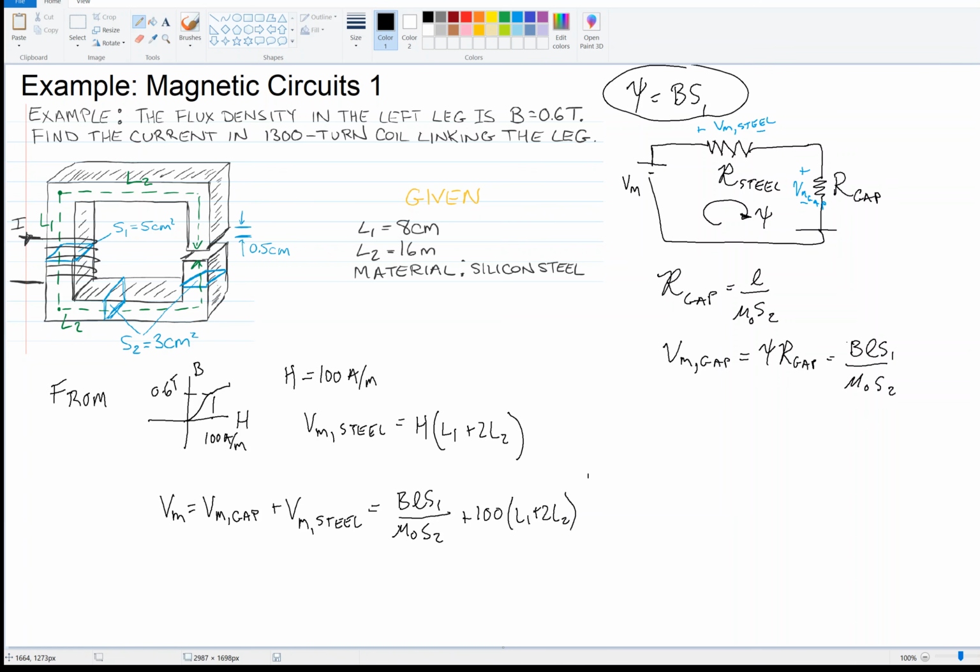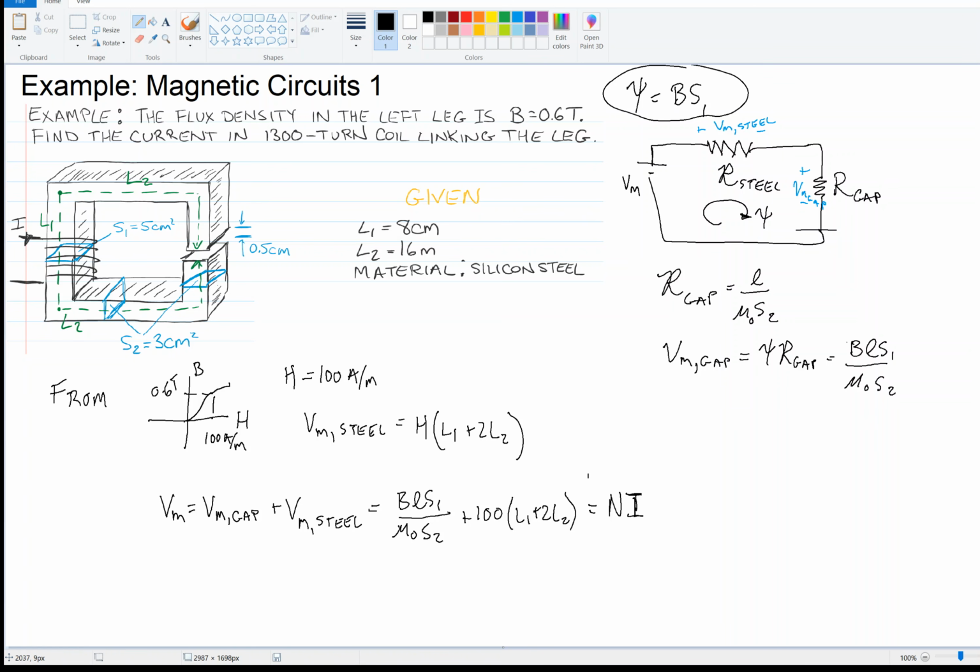We also showed in the lecture video that the total magnetic potential, which is coming from the coils, is N times I, the current through each coil.